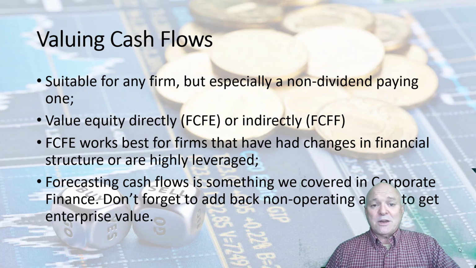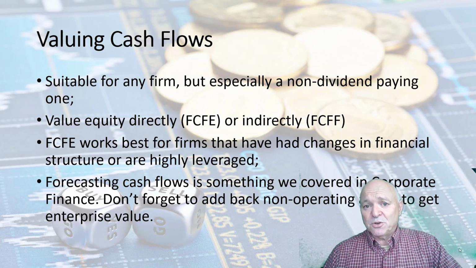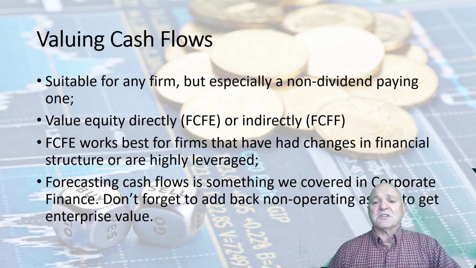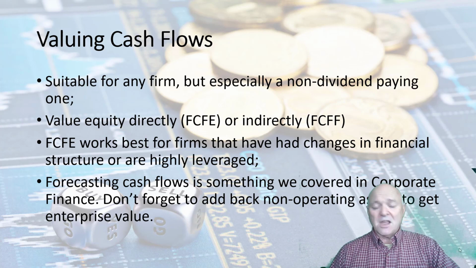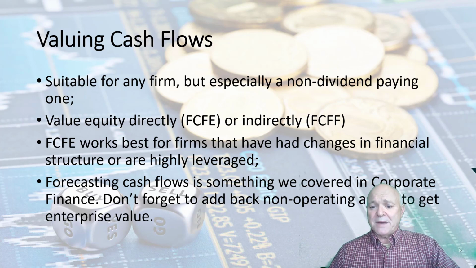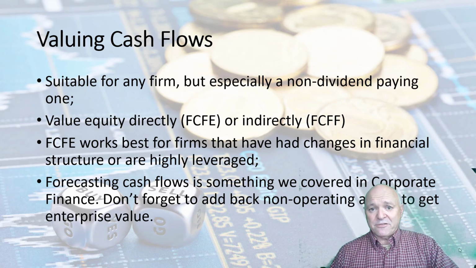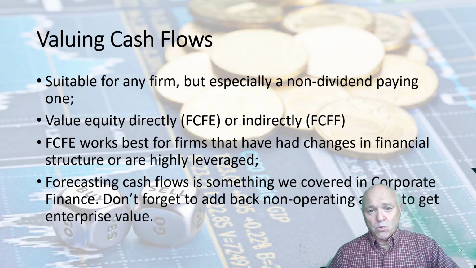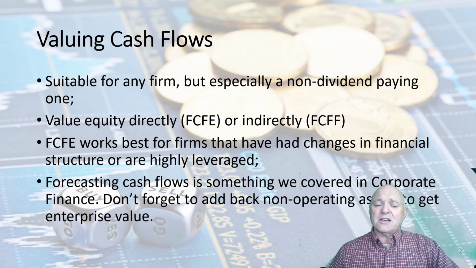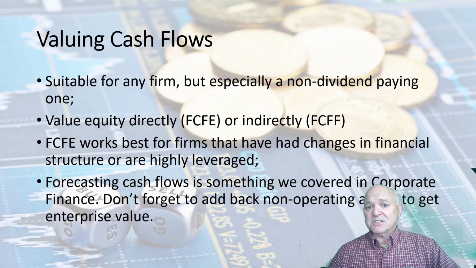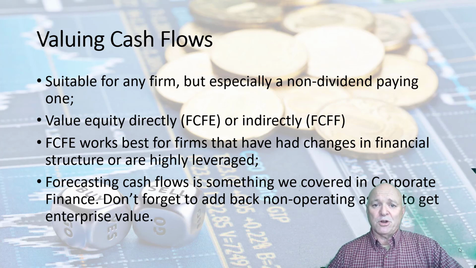We can value equity directly using free cash flow to equity, and we can value it indirectly using free cash flows to the firm. Free cash flow to equity works best for firms that have not had, or we don't expect to have, any substantial changes in their financial structure or high leverage. Free cash flow to the firm works for any business, but the valuation of things like the tax shields could be an awful lot of extra work.